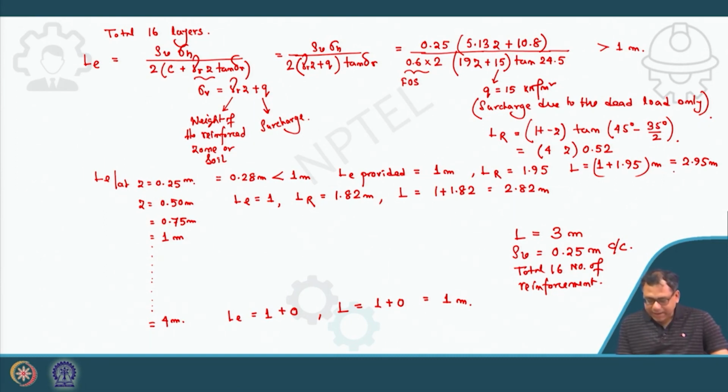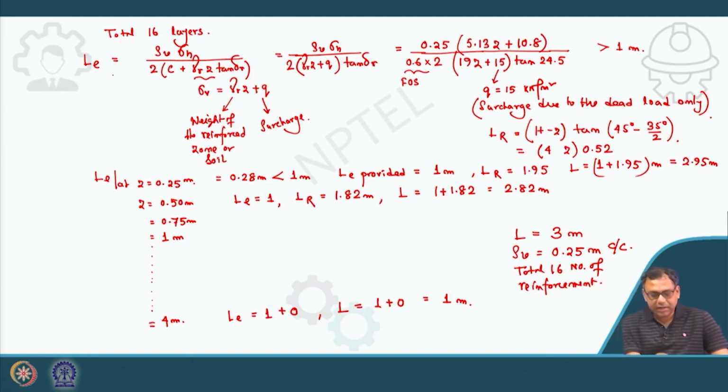We can calculate the LE and LR at all the depths, and you can see that L will be maximum at the top, that is at z equal to 0.25 meter.